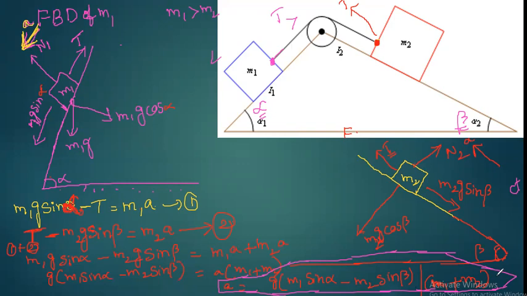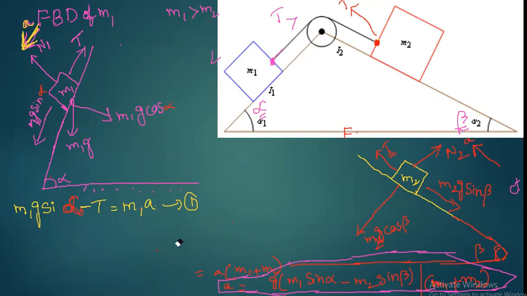Now what is the other one? We need to calculate T, right? So let us substitute the value of A in equation 1. Let me substitute that. So I am erasing this part and substituting the value of A in this.